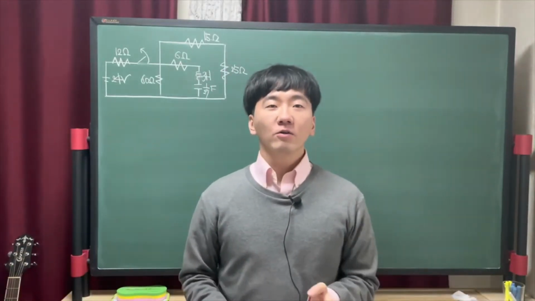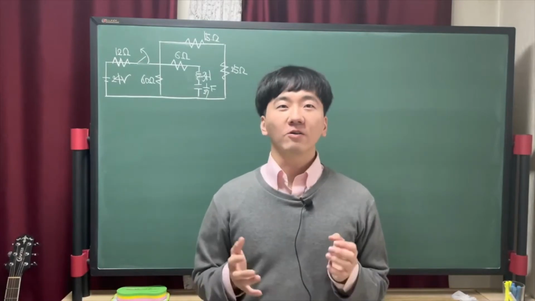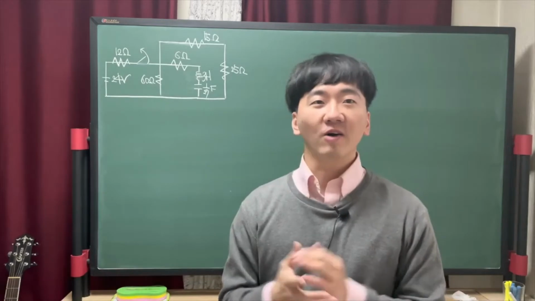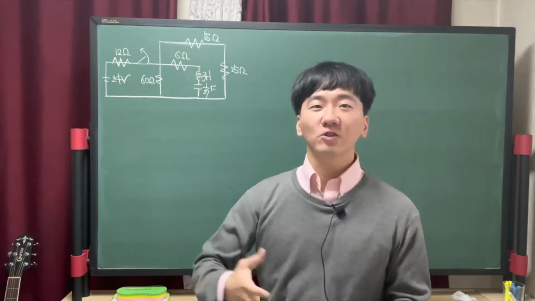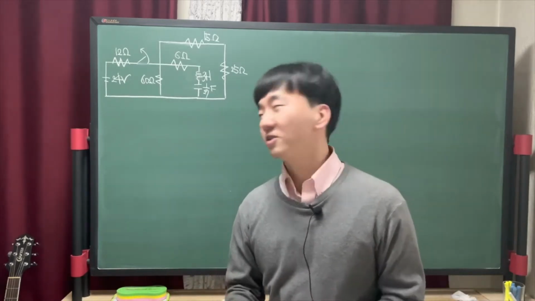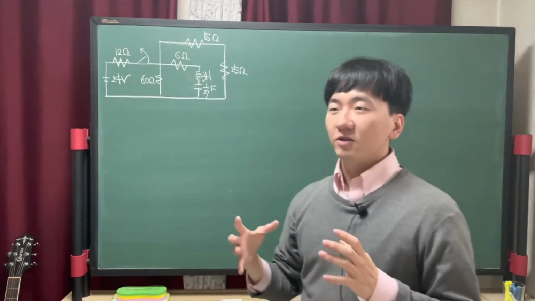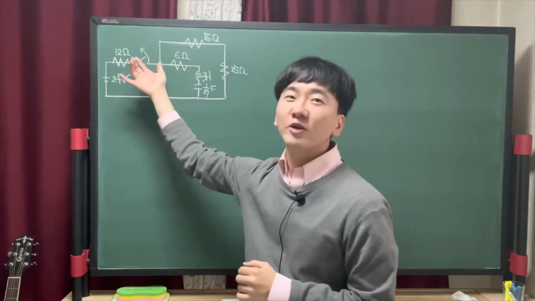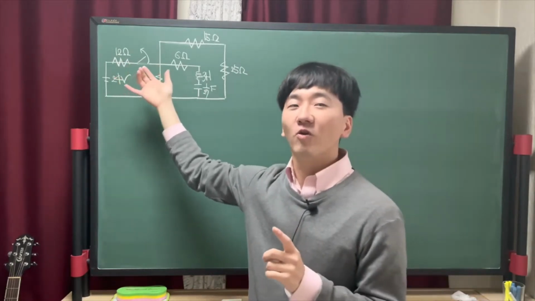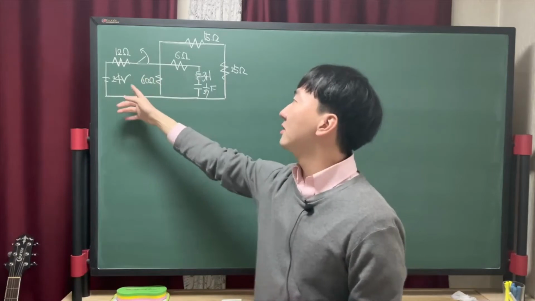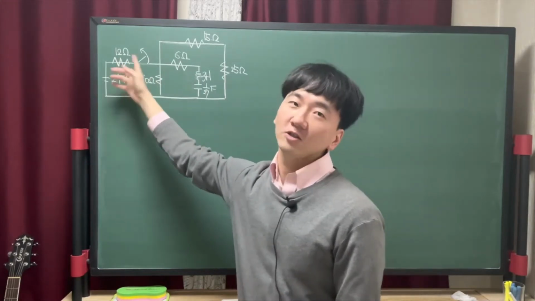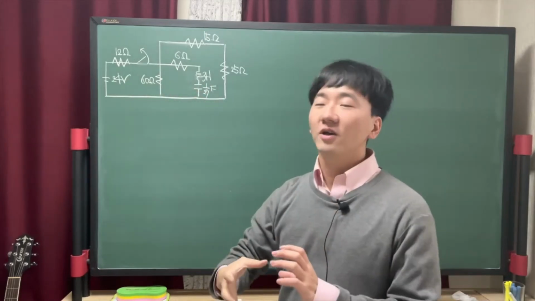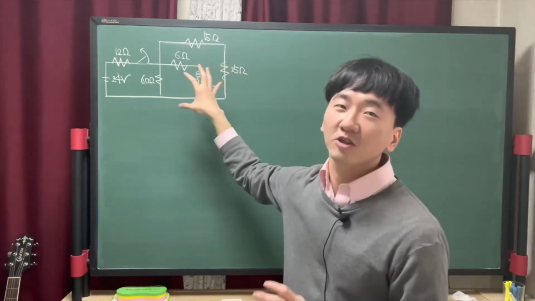Hi, today with RD, we are going to solve the same circuit problem. I will solve this problem using differential equations. Okay, the problem is: the switch was at first on, so this voltage made this capacitor charged, and the capacitor was charged initially.